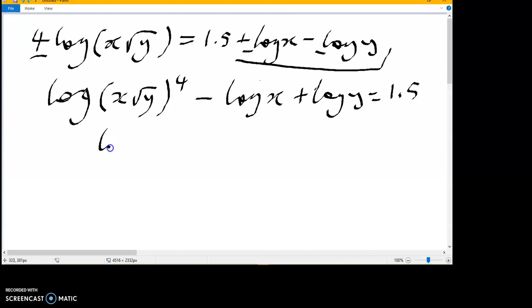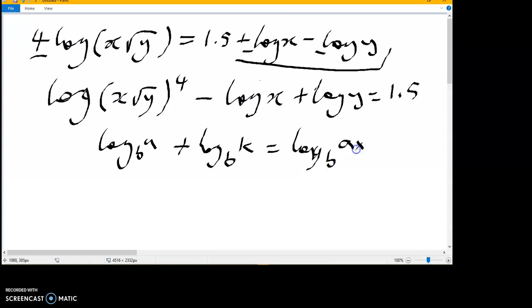When you have a log with a similar base adding with another log, this is equal to log to base b of a times k, because we multiply. The same applies when you have log base b of a minus log base b of k.